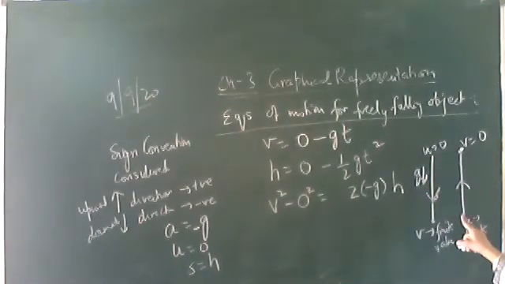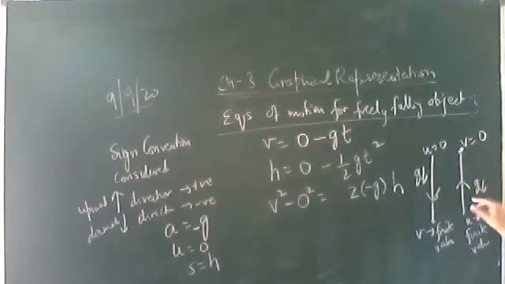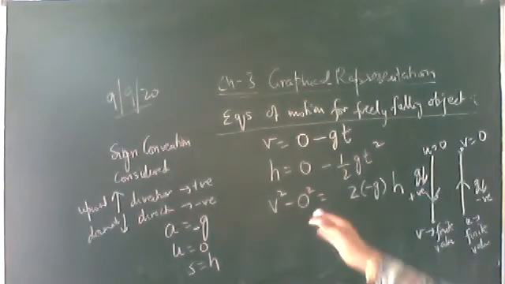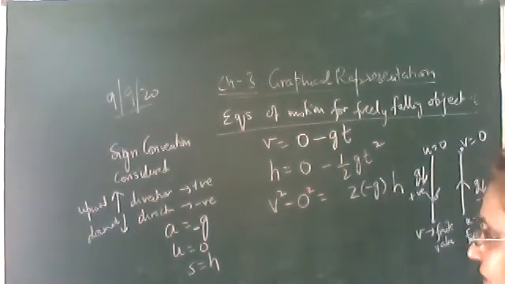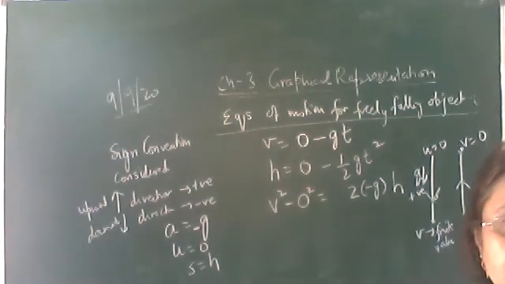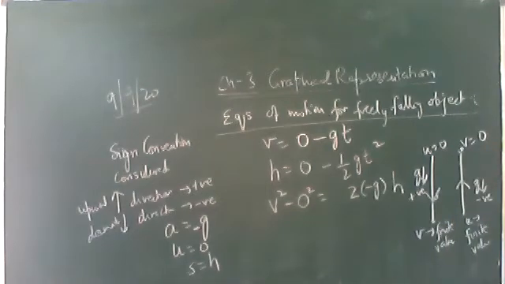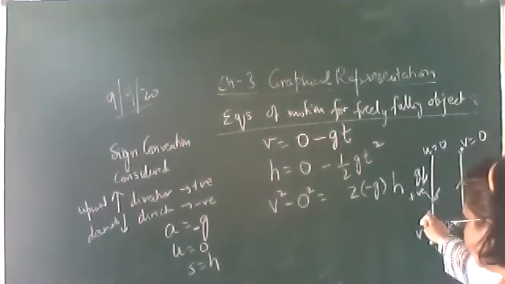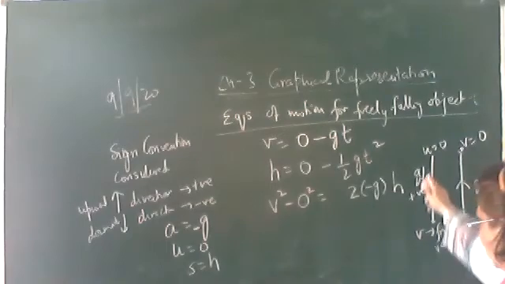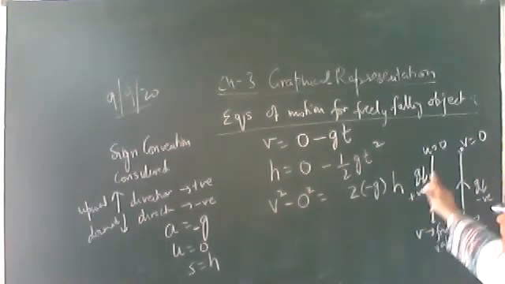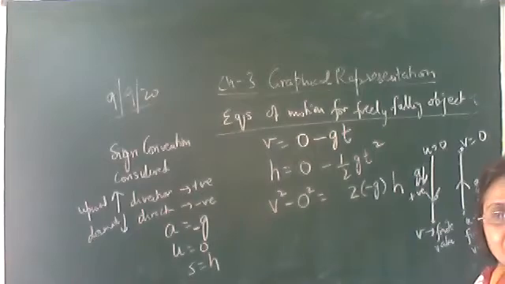Whereas in this case, we know that g is always acting in the downward direction and the motion of the object is in the upward direction, so here you will take g to be negative. Here you will take g to be positive. This is a very easy sign convention which you can use for numericals. But when we studied this, we considered upward direction positive and downward direction negative, like positive y-axis, minus y-axis. For numericals, you better use this sign convention: along the direction of motion, take g to be positive; opposite to the direction of motion, take g to be negative.